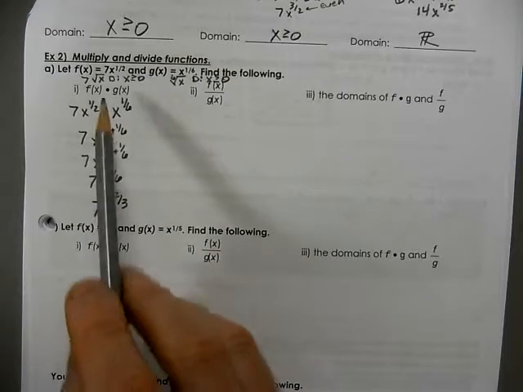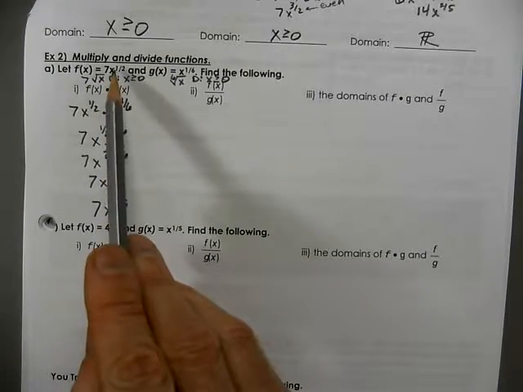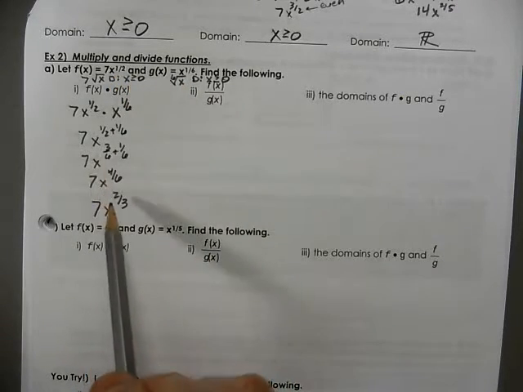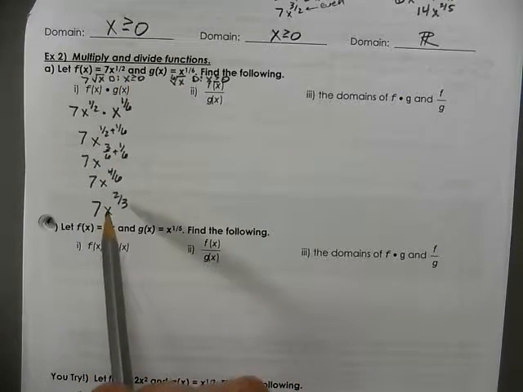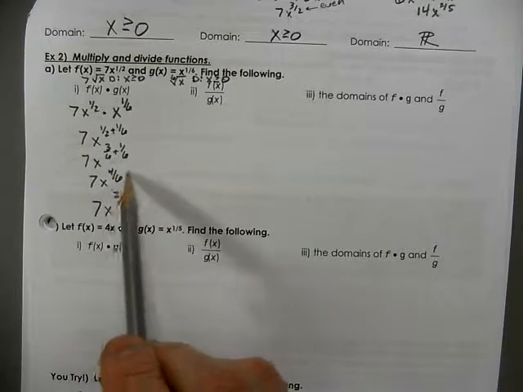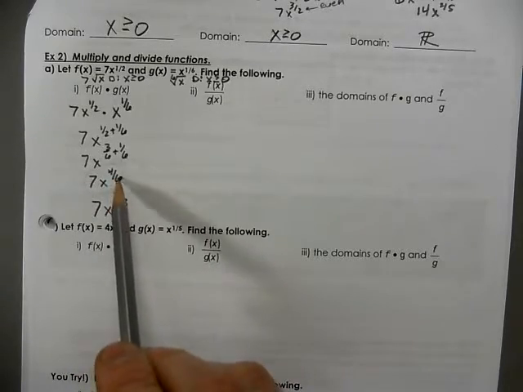But you have to look up at the parent function, see how this was made, and recognize that we were only able to use non-negatives to begin with. So there's no way we can use all real numbers now. So it's a little bit better if you look up here at the 4/6. That's an even.